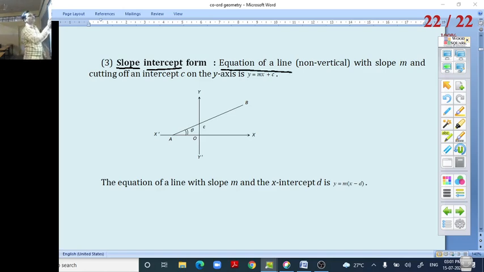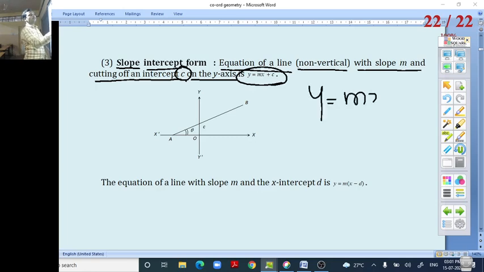The equation of a line for a non-vertical line with slope m and cutting off an intercept c on the y-axis is given by y equals mx plus c.